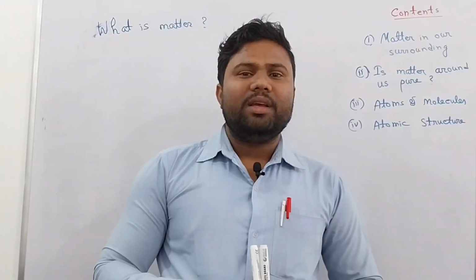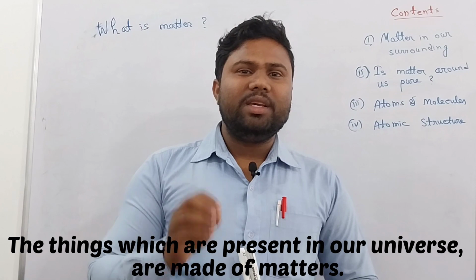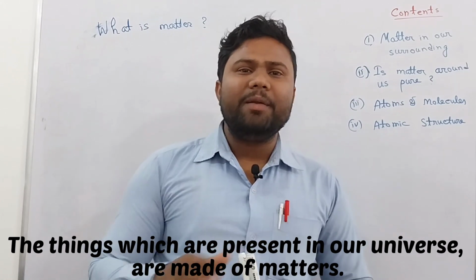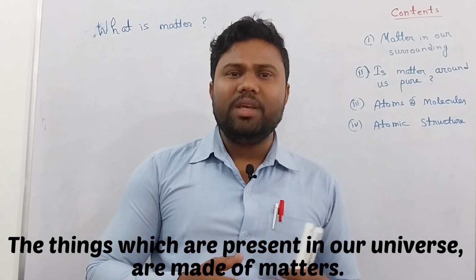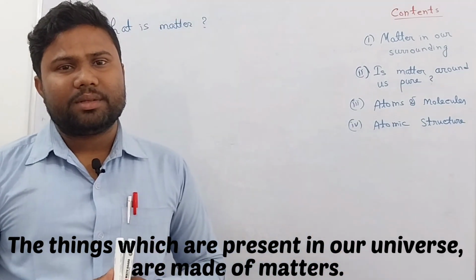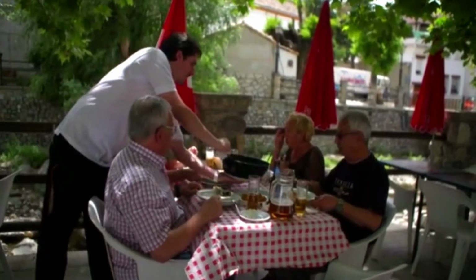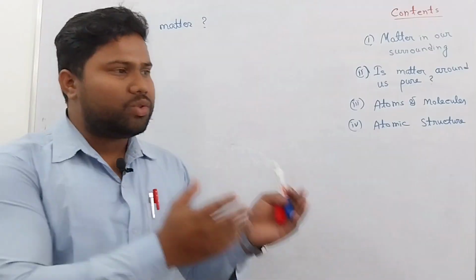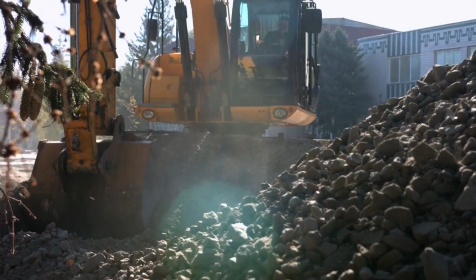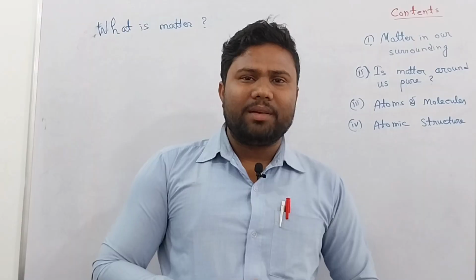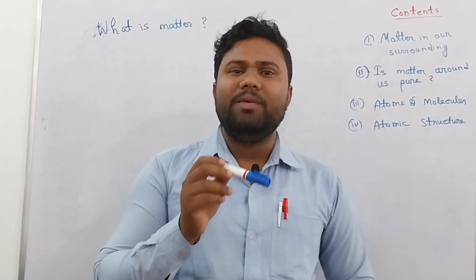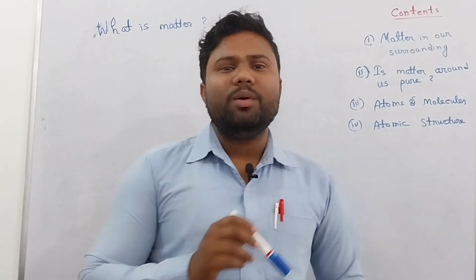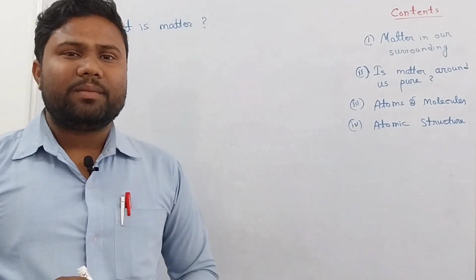That means the things present in our universe are made of matter. The foods we eat, the stone we use to make bricks, the mobile phone, etc. Even I have a marker pen, and this is made of PVC, polyvinyl chloride.